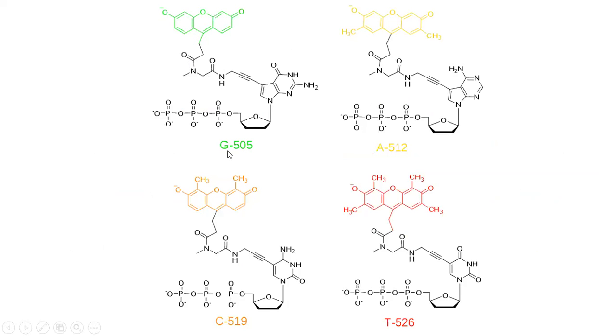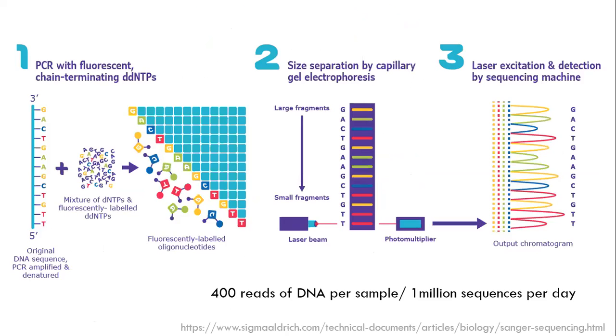Guanine is attached with a green fluorophore, adenine with yellow, cytosine with orange, and thymine with red. So you attach a specific fluorophore, and you can recognize the base based on the signal. One of the methods used for this was Sanger sequencing, in the 1980s.